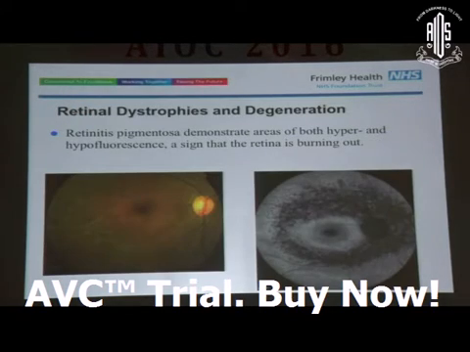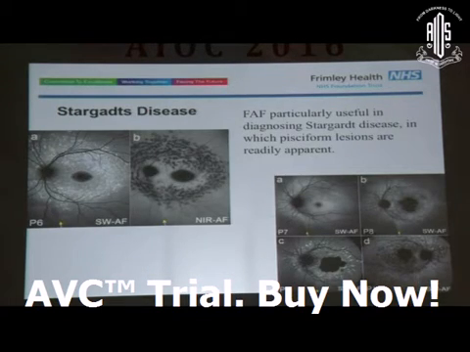Again, retinal dystrophies and degenerations, retinitis pigmentosa, very good method of keeping track of the progression of the disease with autofluorescence, where you can see both hyper and hypoautofluorescence suggesting that the retina is burning out. Similarly, another great disease that you can look at with fundus autofluorescence is Stargardt's disease.